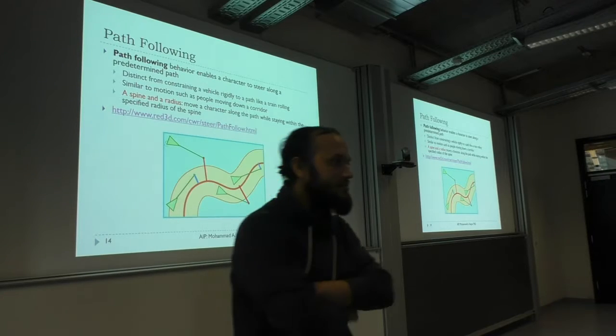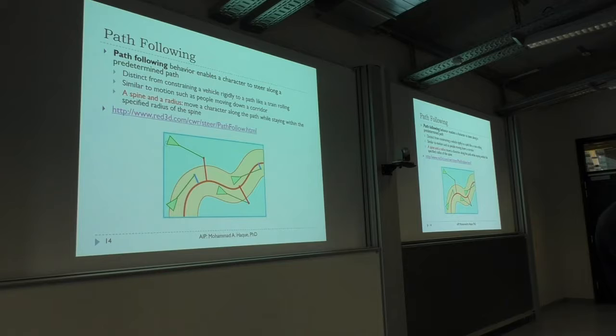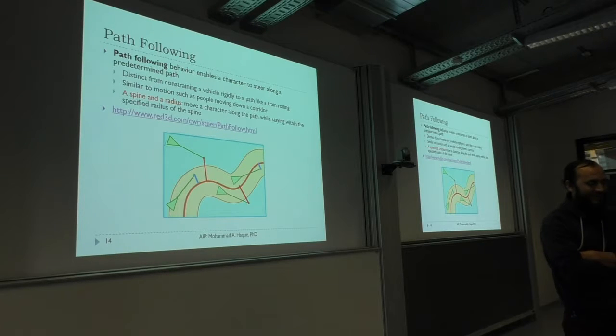I just think that it could be easier, for example, if you're animating something, to make the path more realistic. So the agent is following a path, but the path is kind of making those things for it.